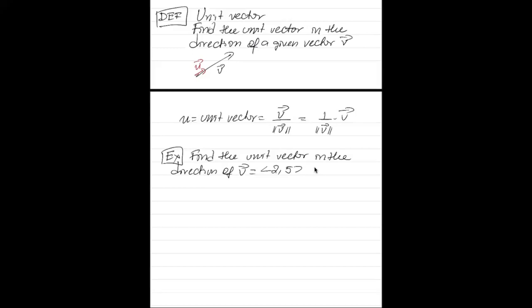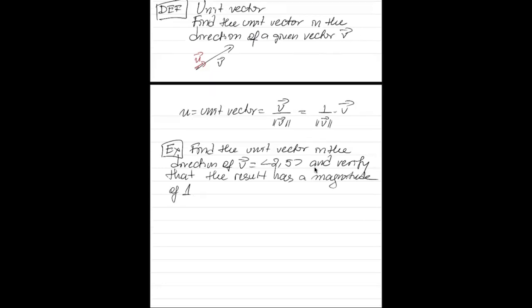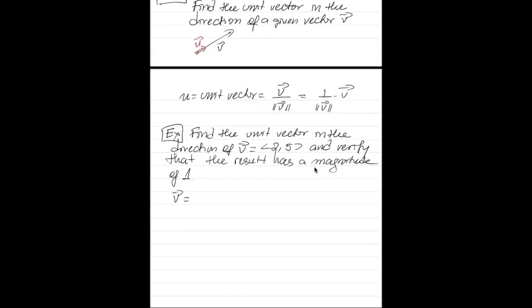So find the unit vector in a direction of v with components -2, 5 and verify that the result has a magnitude of 1.